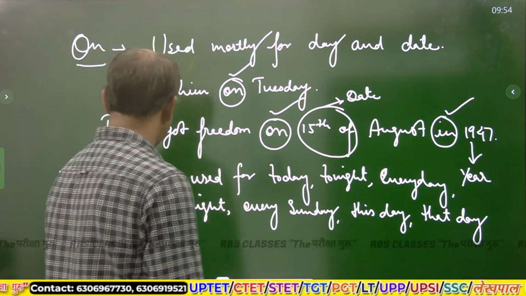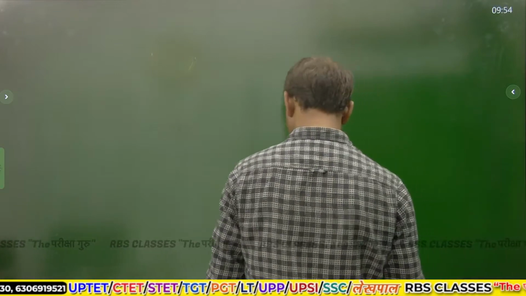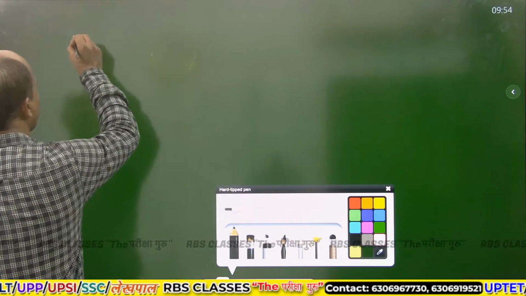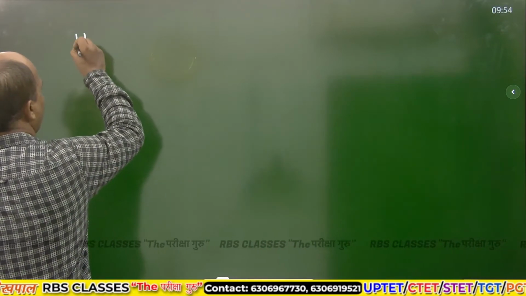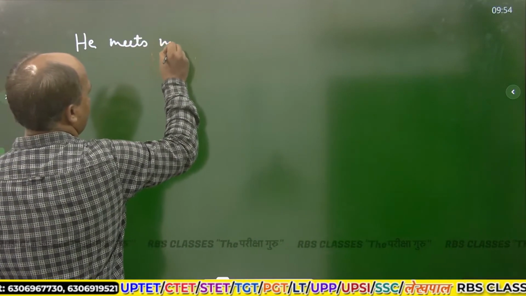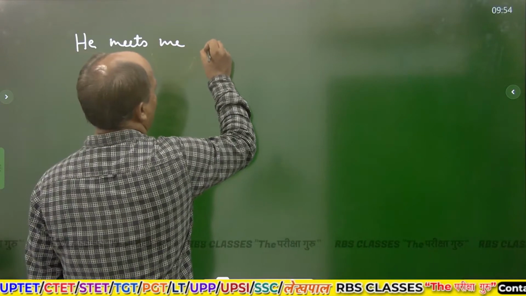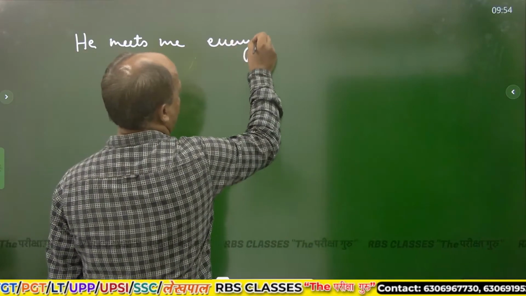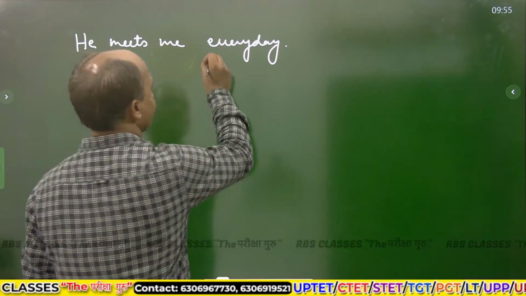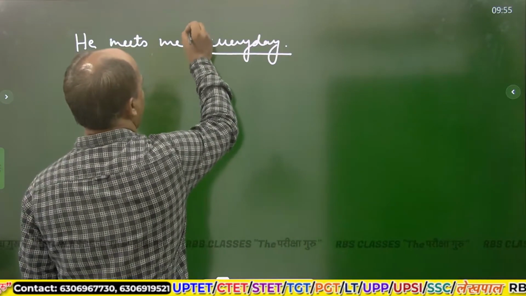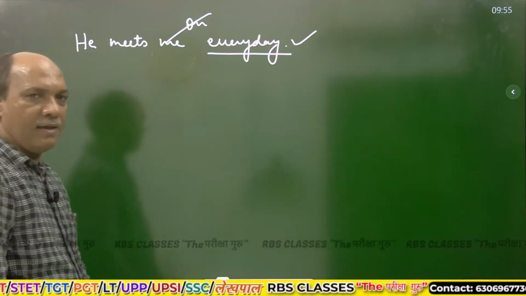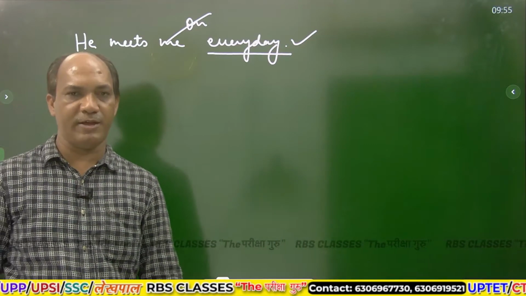For example, he meets me every day. On यहाँ नहीं होगा. He meets me every day. ऐसे नहीं होगा. He meets me on every day.